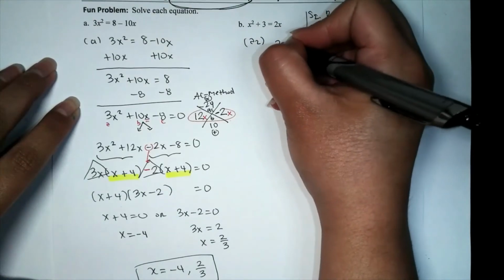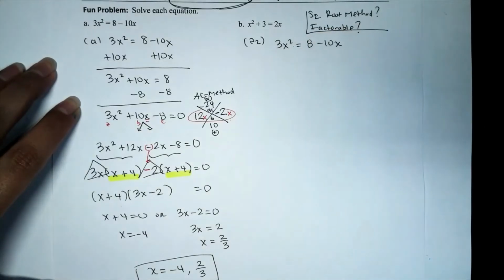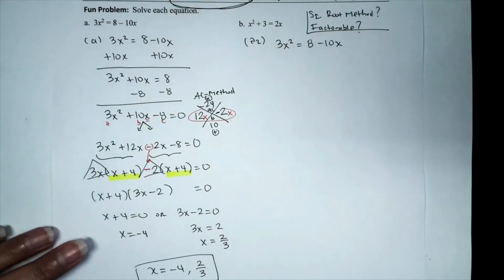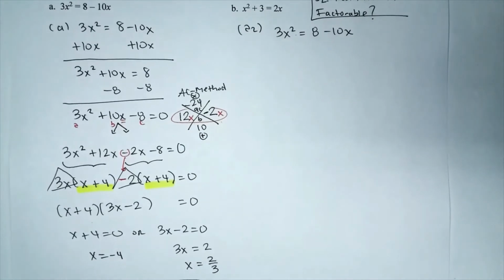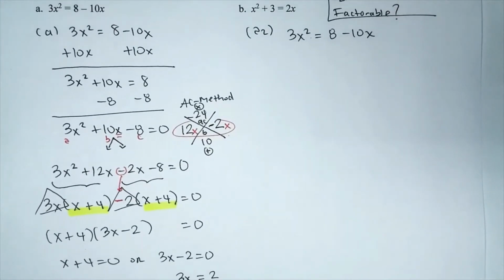Okay, so we have 3x squared is equal to 8 minus 10x. So the question is, how do we solve a quadratic equation by using the quadratic formula? The first thing we need to do is set the equation equal to 0.